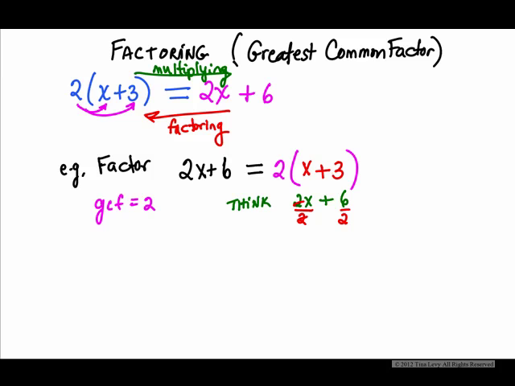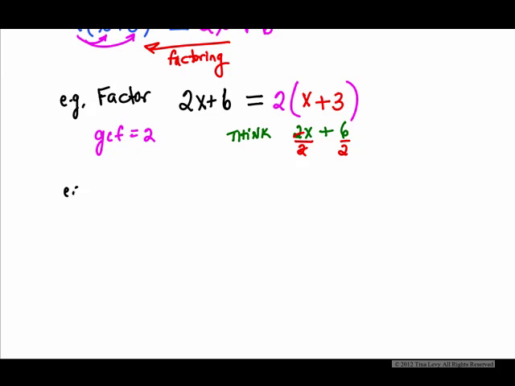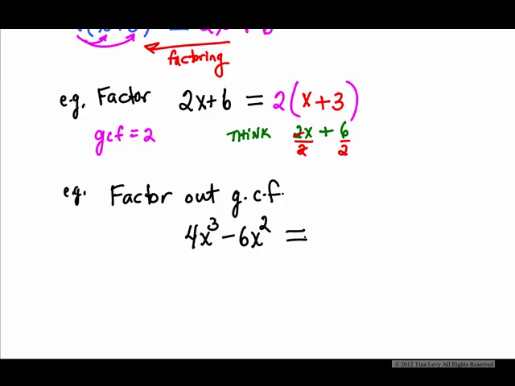Let's try another one. Suppose I said factor out the greatest common factor from 4x cubed minus 6x squared. First, I have to identify the greatest common factor.